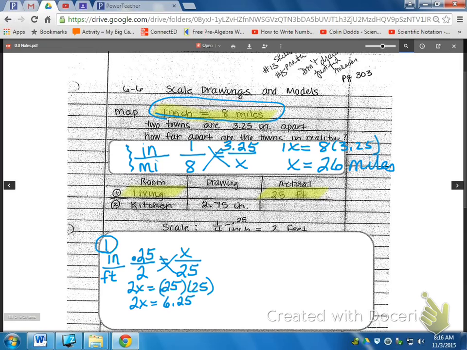Okay, and then the last thing we have to do is divide by 2. So if I take 6.25 divided by 2, that should be 3.125, I believe. And Trayton, how would I label that? Inches.